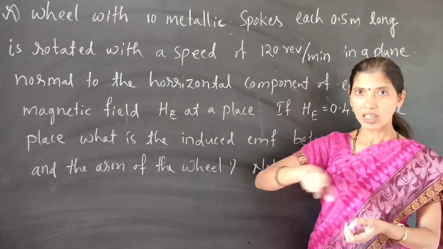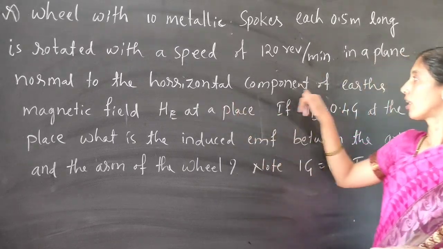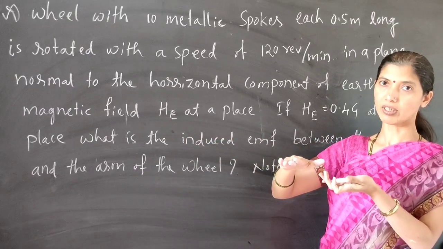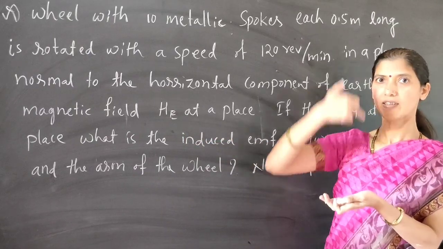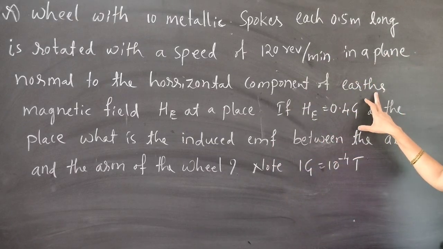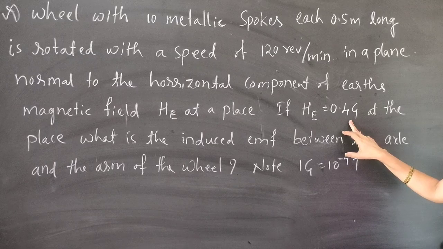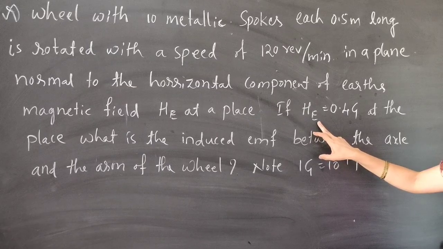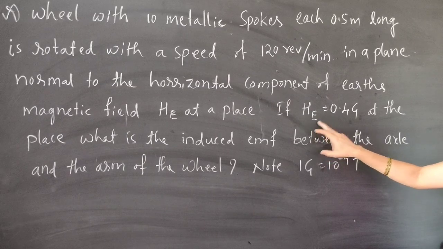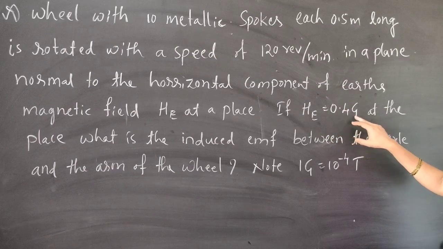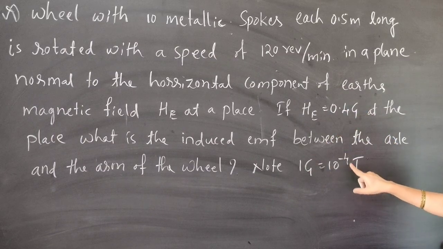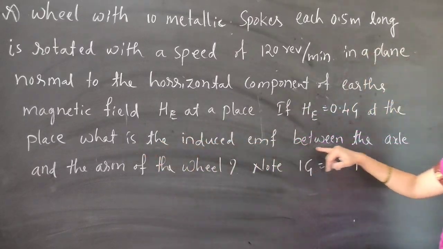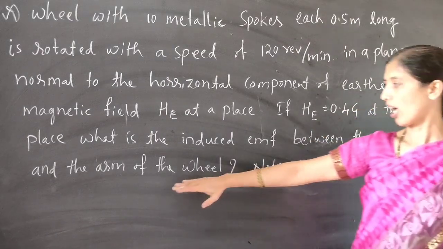If the horizontal component of the Earth's magnetic field, BH, is 0.4 Gauss, and 1 Gauss is equal to 10 raised to minus 4 Tesla, at the place, what is the induced EMF between the axle and the rim of the wheel?